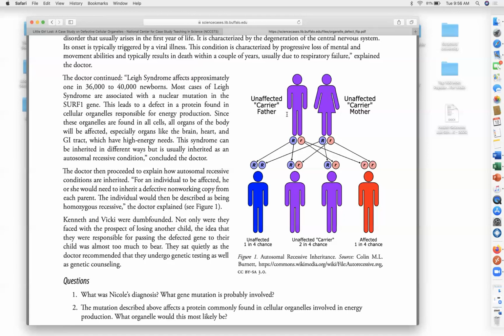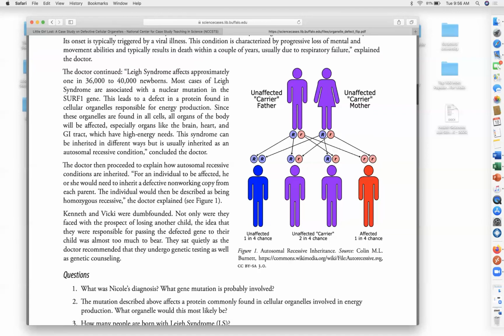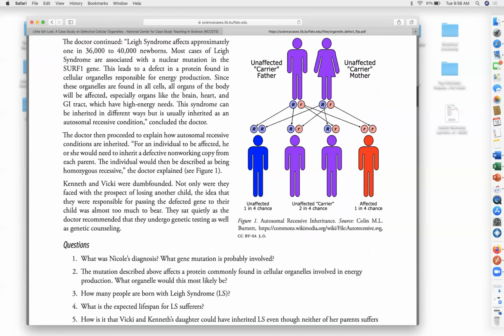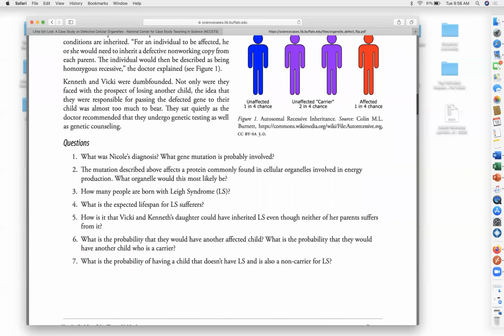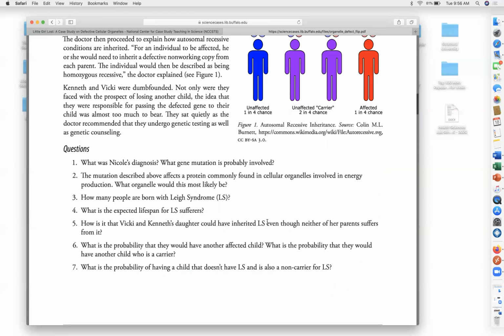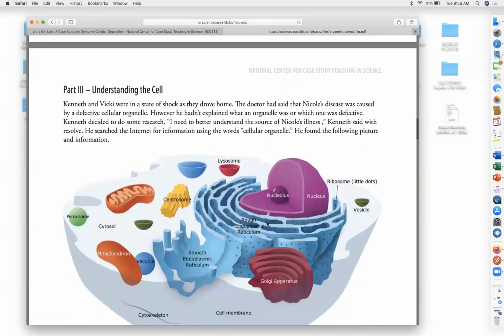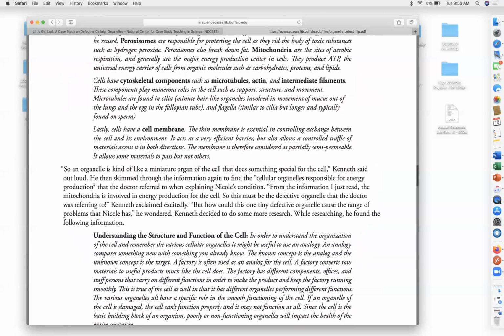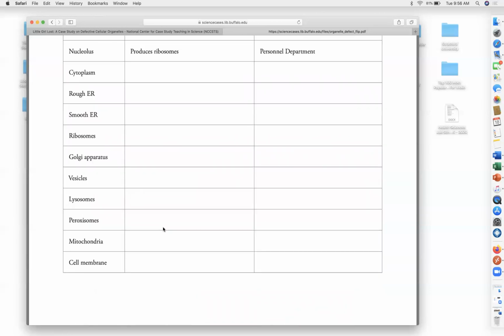But real quick, know this. This is good to know. And we'll be going over different genetic stuff in different cases. So just do part 1 and part 2, because understanding the cell, oh, look at this lovely picture, right? Part 3, we already went into. Oh, look at here.